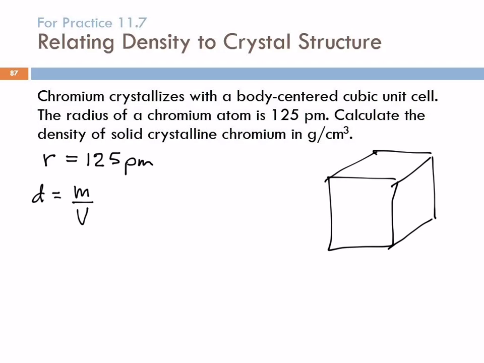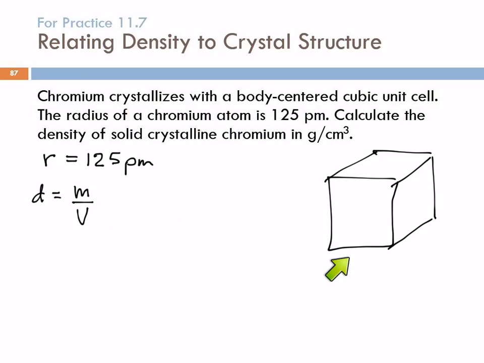So what we need to do to solve this problem is figure out how many atoms are in one body-centered cubic unit cell. We can figure out the mass of that many atoms. And then we need the volume of that unit cell.